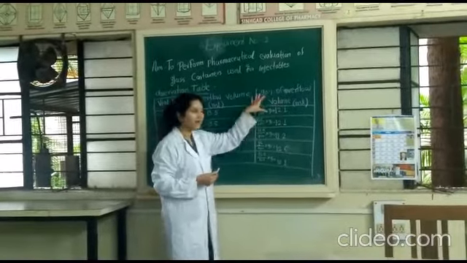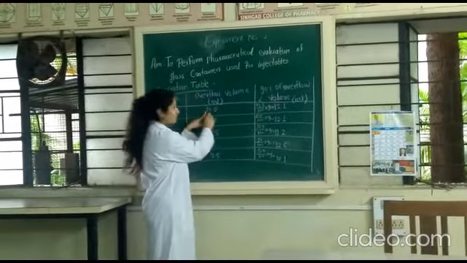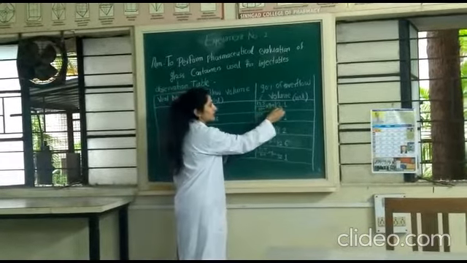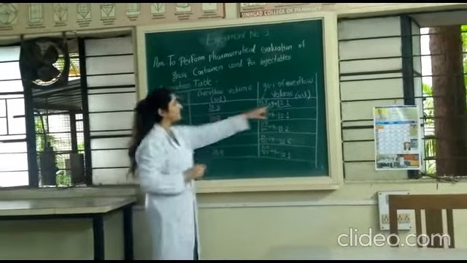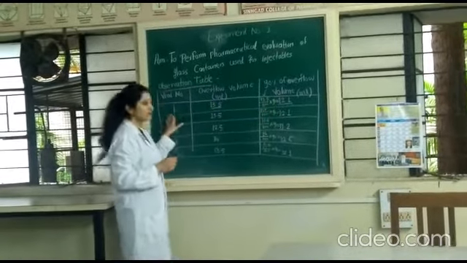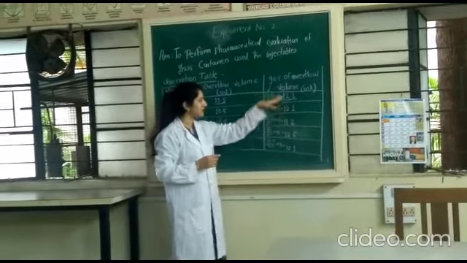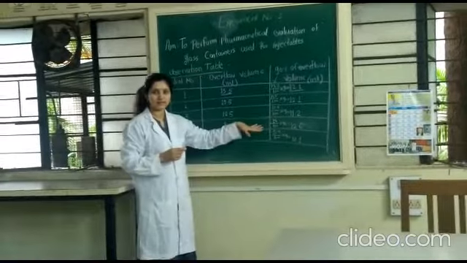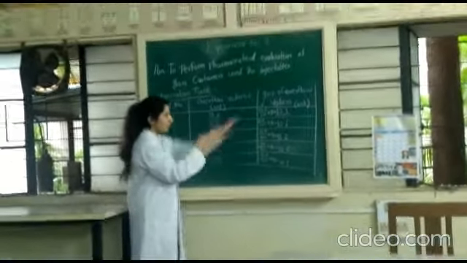So we calculate 13.5 divided by 100 into 90 equals 12.1 ml. We have taken this 12.1 ml for vial number 1, and we repeat this procedure. We calculated the 90% overflow volume for the remaining 4 vials, and after that we filled this 90% overflow volume into the vials.